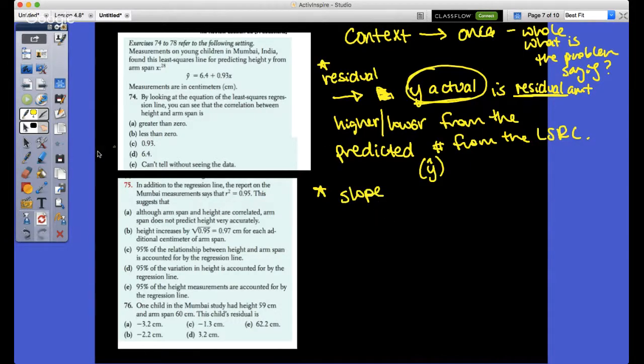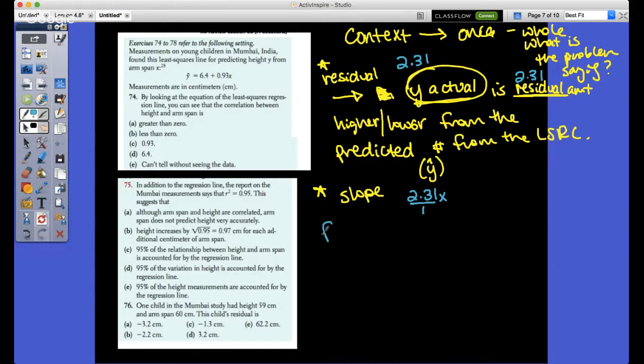The next thing you need to know is slope. Maybe it might be better if I give an example. So let's say the residual was 2.31. We would say the y actual is 2.31 higher from the predicted number from the least squares regression line. The slope, if I had a slope of 2.31x, I'm just using this as an example, this is over 1.